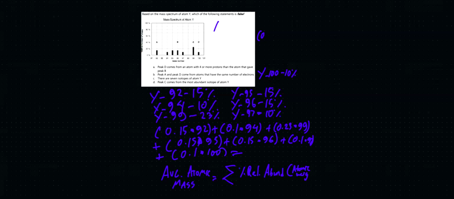It's not really a percentage, but just relative abundance times the atomic weight. And that's how you would find the average atomic mass.